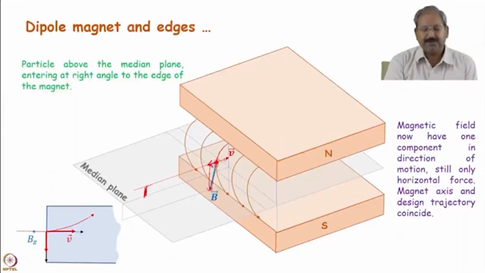Exactly in the direction of motion means V cross B for this component will be 0, and only the other component will have some effect on the particle motion. This component will not exert any force on the particle because the magnetic field is in the line of velocity.